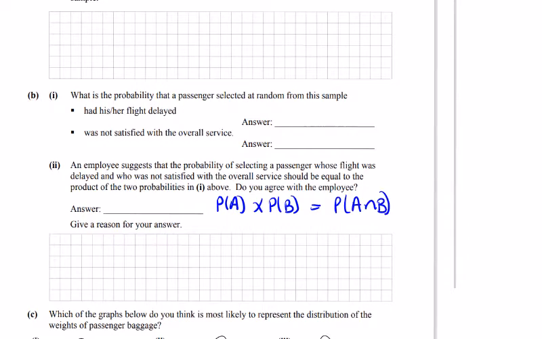Now, the probability of these 2 being delayed and not satisfied. So are these events independent? I would say no. I would not agree with the employee, as these events are not independent.